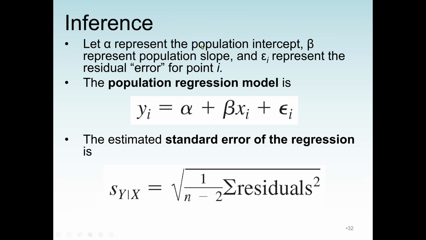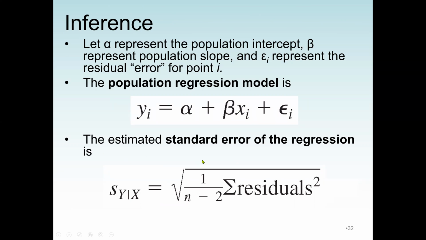Let alpha represent the population intercept, and beta represent the population slope. This is the formula we saw previously. And e_i represents the residual error for the point i. So we may have error, and that may have an effect on our outcome.